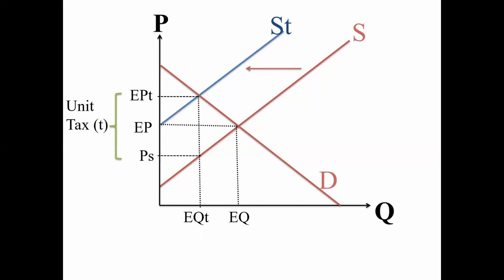Sorry, and show that the price increases from EP to EPT. Put an arrow from EP to EPT and EQ to EQT. Price increases and quantity comes down.